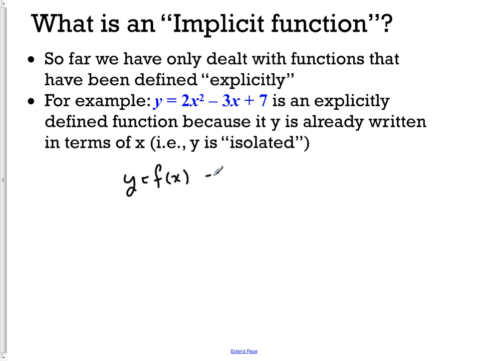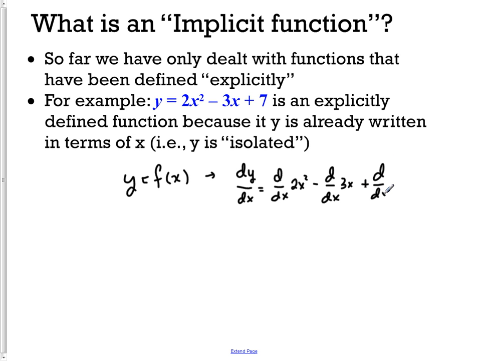We know how the derivative of this kind of thing works. We would be saying, well, dy/dx, the derivative of y with respect to x, is equal to the derivative of each of these separate terms, right? So we would be taking the derivative with respect to x of 2x squared, minus the derivative with respect to x of 3x, plus the derivative with respect to x of 7.